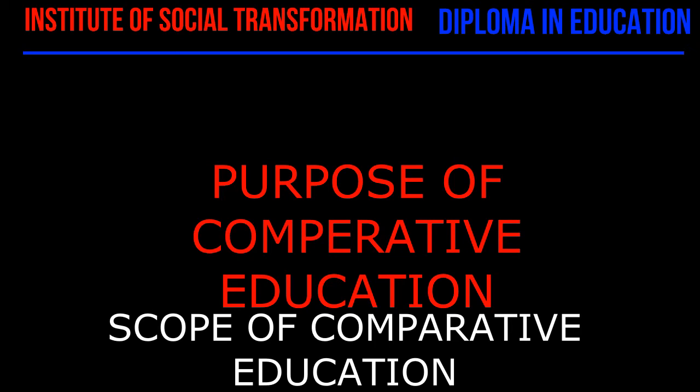Purpose of comparative education. Comparative education, like other disciplines being offered in educational institutions, is not a purposeless subject. In other words, the subject has some goal which it aims at achieving.